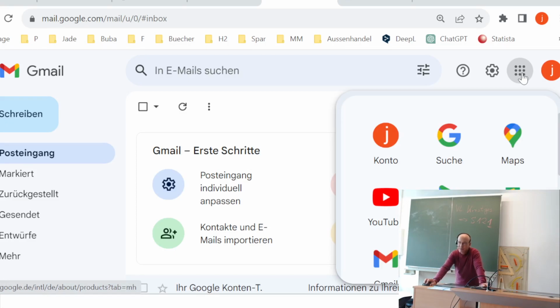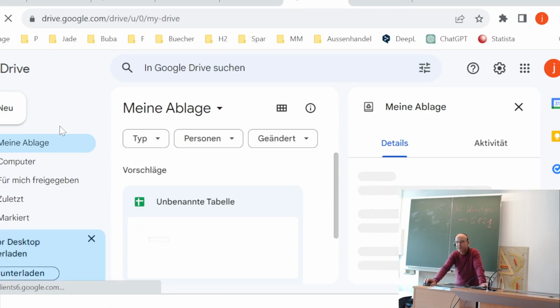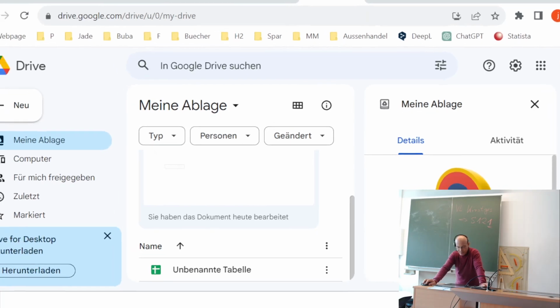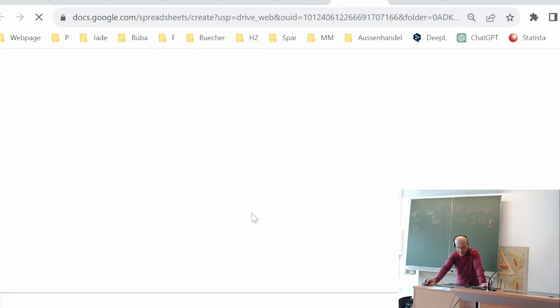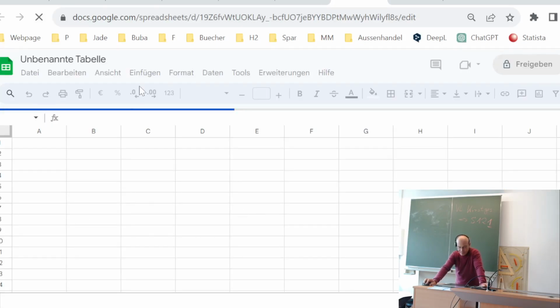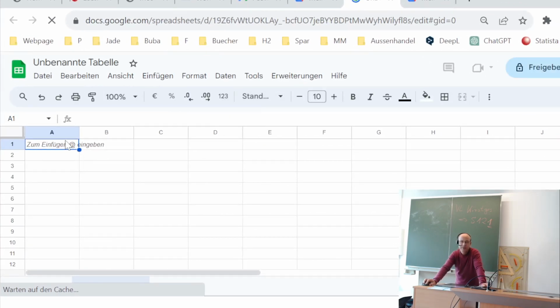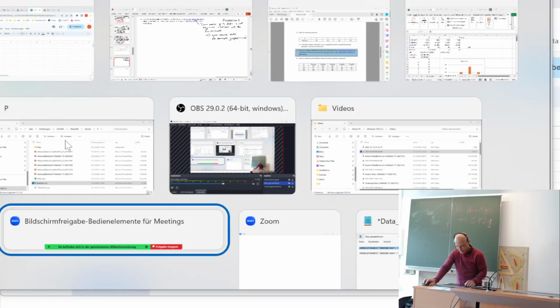You have the cloud service of Google, and you have, I think, a 15 gigabyte in order to use it. And then you can open a spreadsheet within the cloud. Well, and then comes the harder part, because now you have to know the syntax, how to get the data. And where do I have it? I think here.